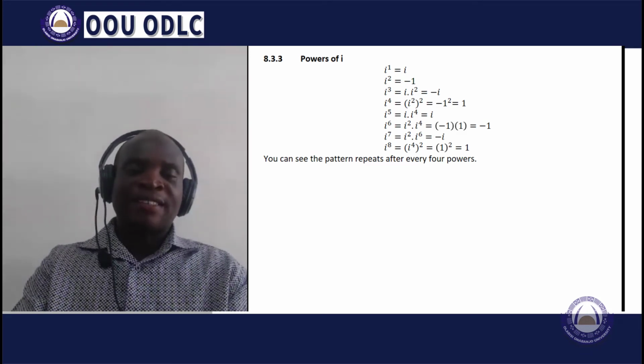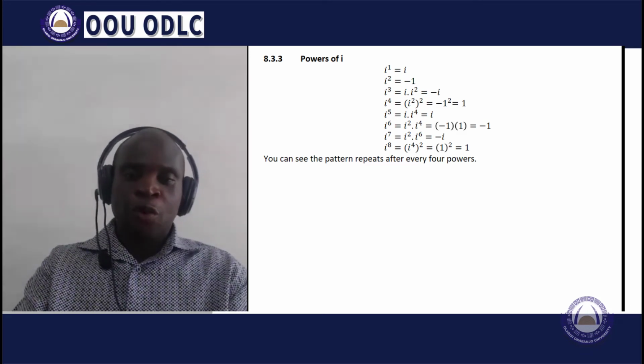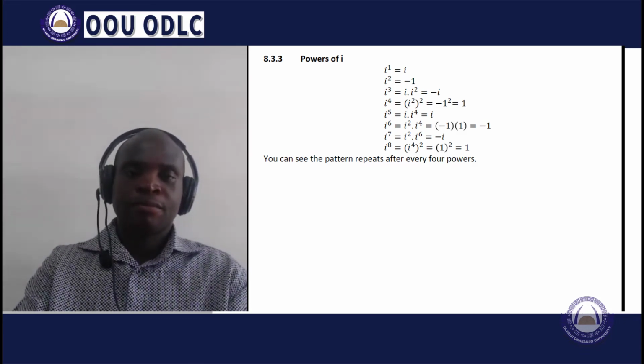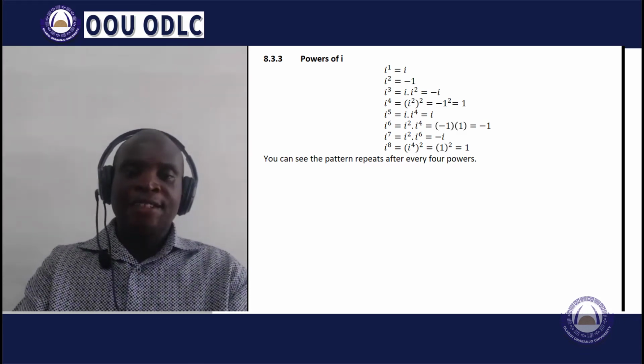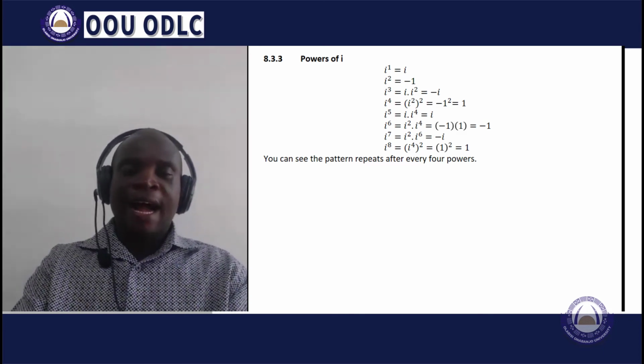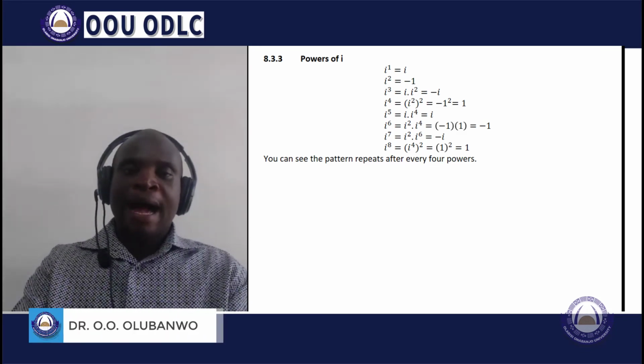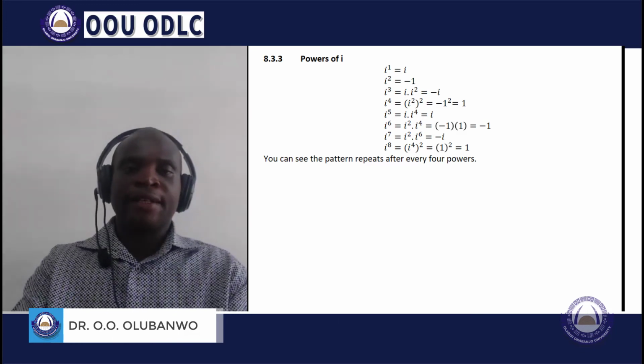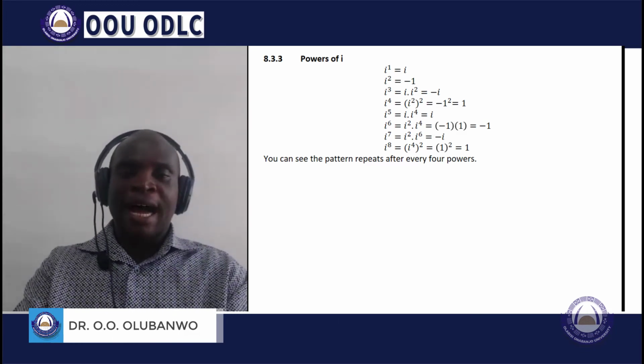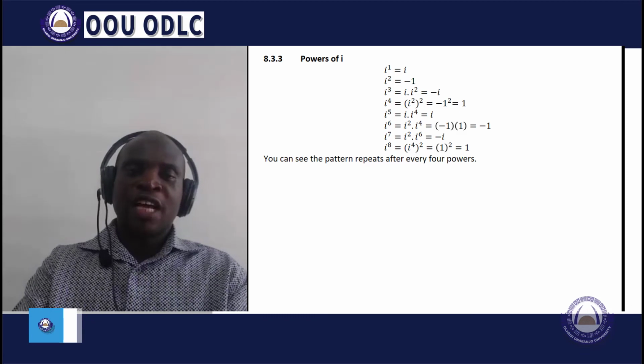Now, i raised to power 7 is nothing but i squared times i raised to power 5. What is my i squared? Listeners, my i squared is minus 1, and my i raised to power 5 is i. So minus 1 times i will give me minus i.